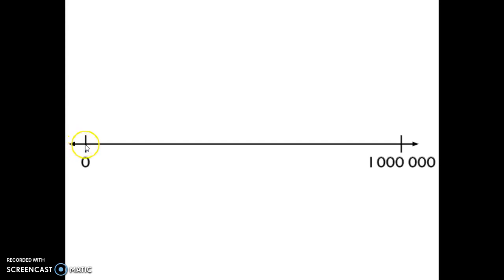So I'm going to break it up into 5 parts here. So I'm going to do jumps of 200,000. 200,000, 400,000, 600,000, 800,000, 1 million. Those should be even, shouldn't they? Write those numbers in on your own number line, please.